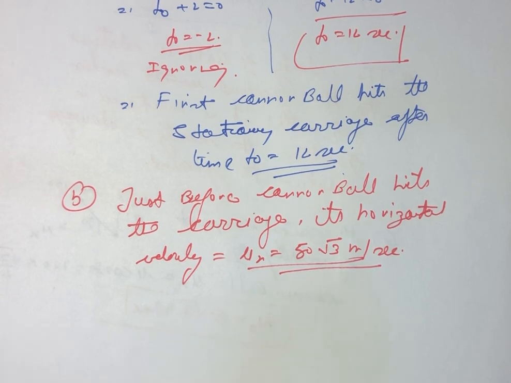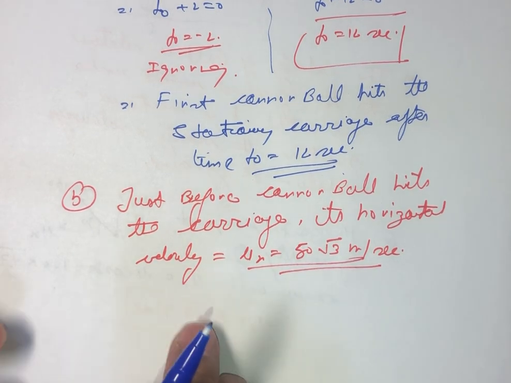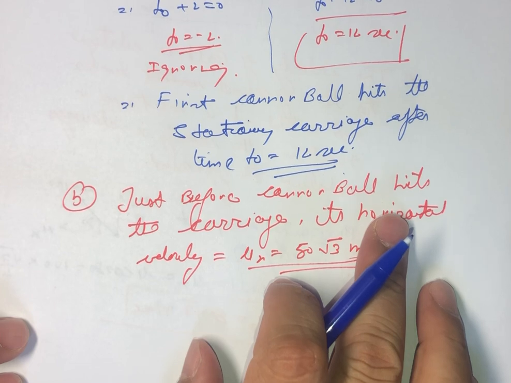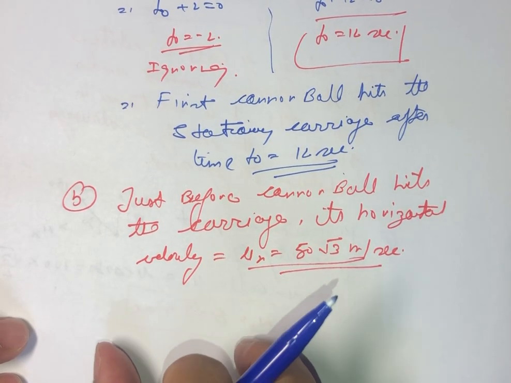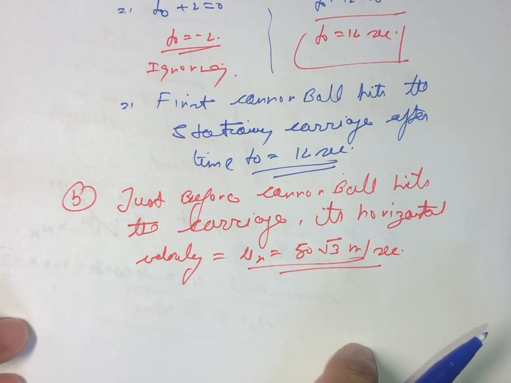And because of the cannonball, the carriage, which was initially stationary, will start to move with some velocity.